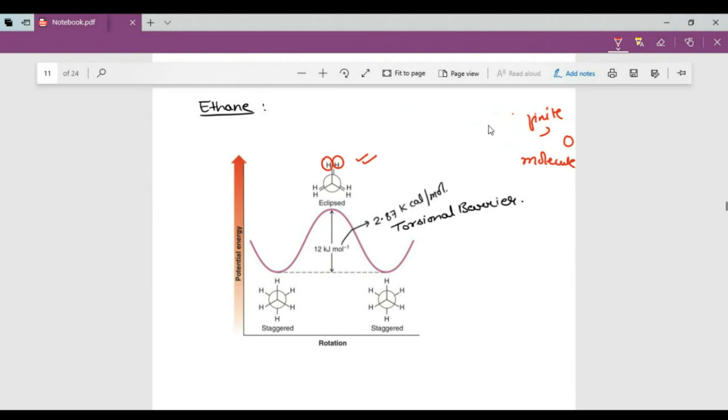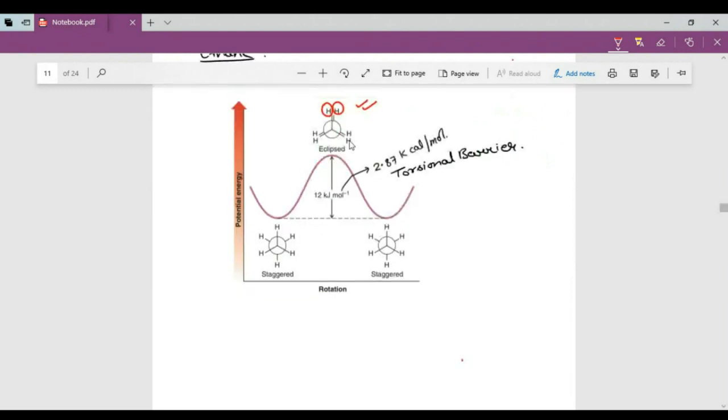Under our limited possibility that I cannot place these atoms at infinite distance, my choices are two in case of ethane, eclipsed and staggered. All other arrangements will fall on this slope and are together called skew conformations.